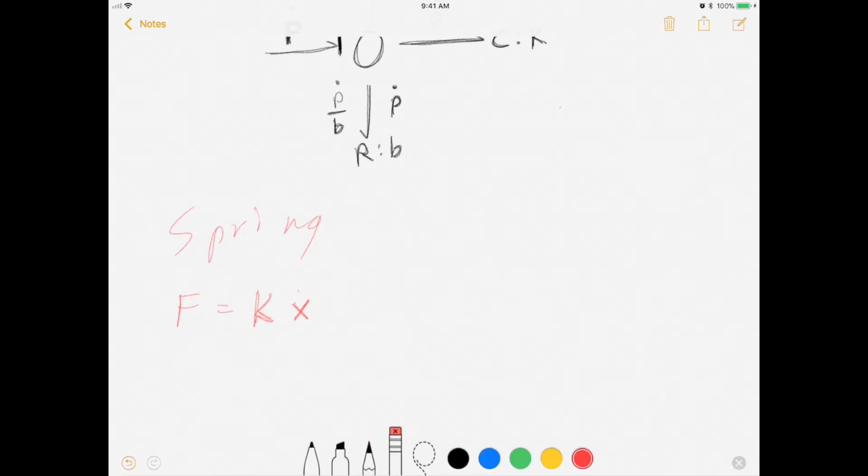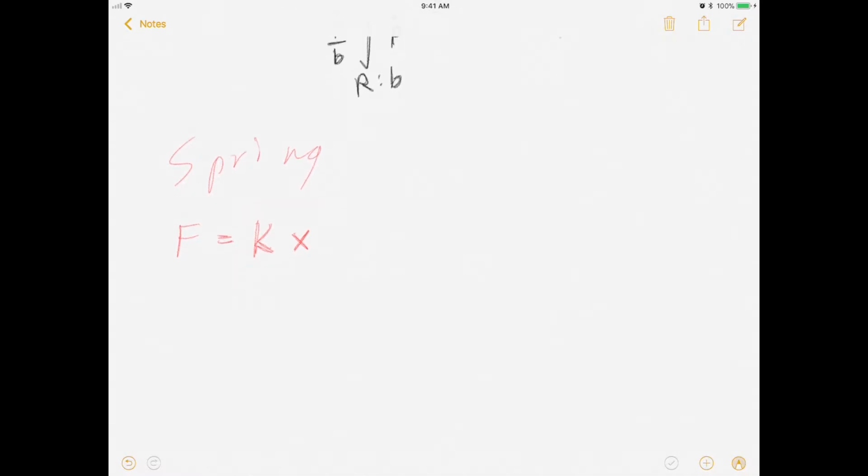Not X dot, just F is equal to K times X. F is equal to P dot, which is equal to K times X, but we're not looking for X right here, but we're going to solve for X right now, because that's the easiest thing we could do. X is equal to P dot over K, if I bring K over to the other side.